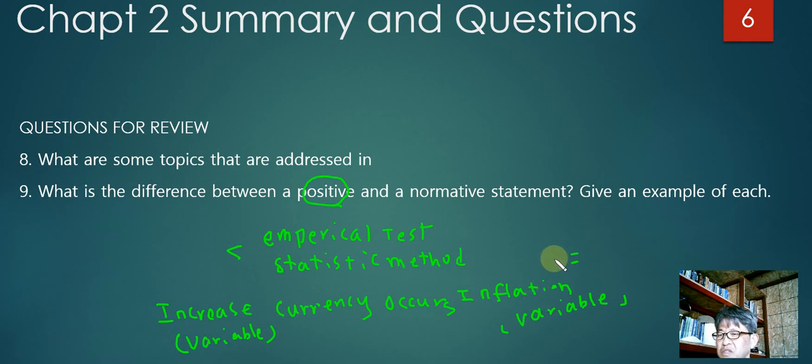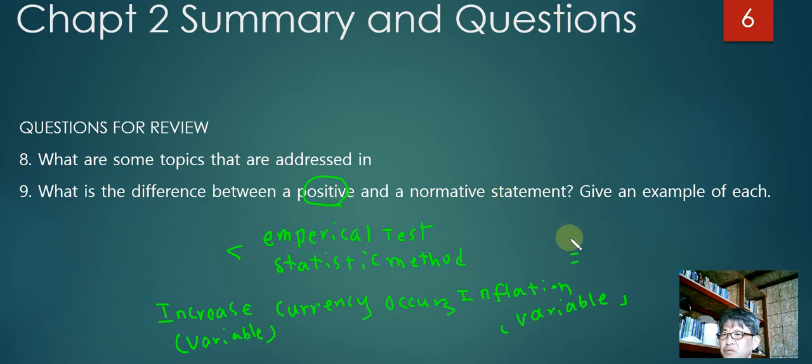If some economists say this, it is just showing the result of a mathematical result. So we call this the positive statement, right?